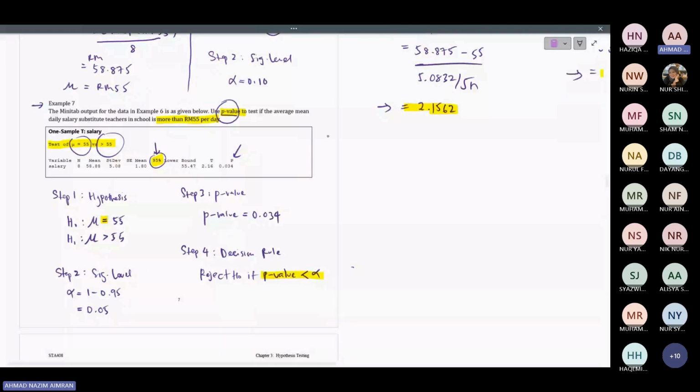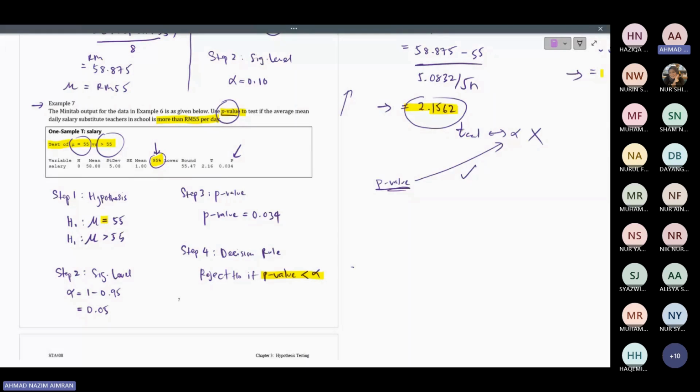And I would like to highlight this because the common mistake done by students is that you tend to compare, for example, p-value with another value. Up here, this is our test statistics, right? So the common mistake is comparing this test statistic, this t calculated, with alpha. No, this is not right. Only p-value can be compared with alpha.